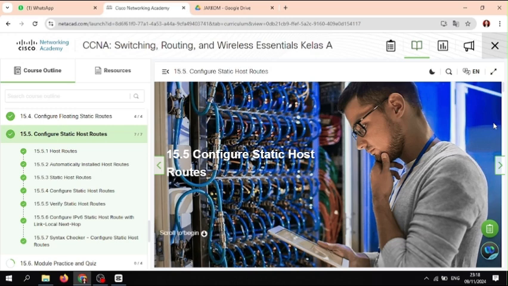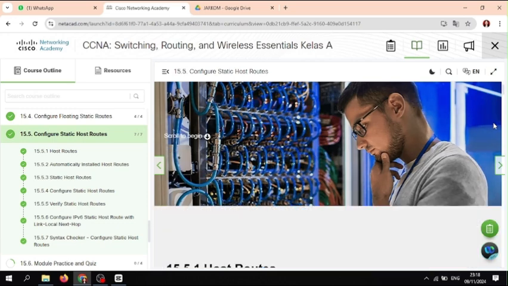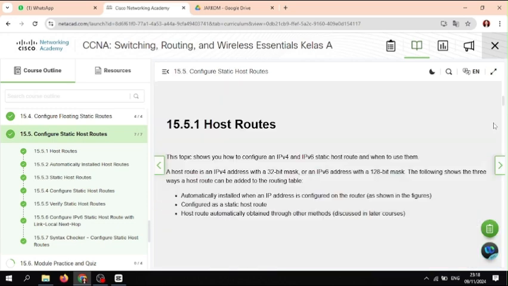Modul 15.5 Configure Static Host Routes. This topic shows you how to configure IPv4 and IPv6 static host routes and when to use them.